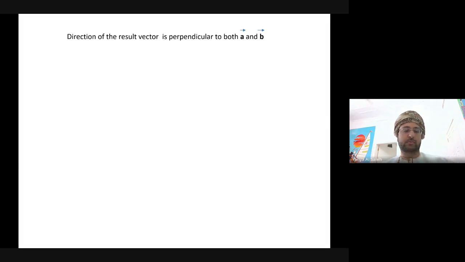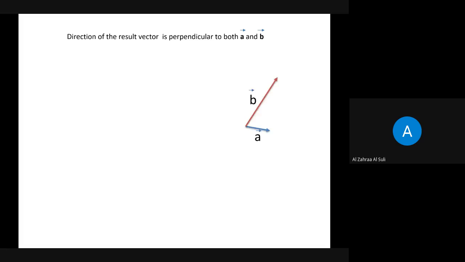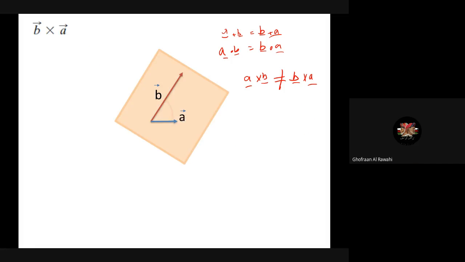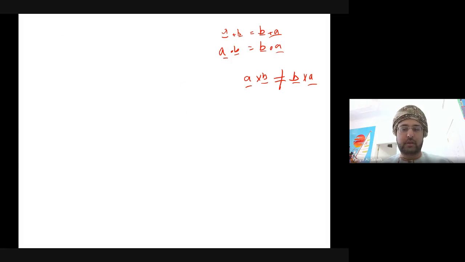Hand rule. We use something called the right-hand rule. Now, turns out that while A plus B equals B plus A, and A dot B equals B dot A, A cross B is not equal to B cross A. It's actually in the opposite direction.